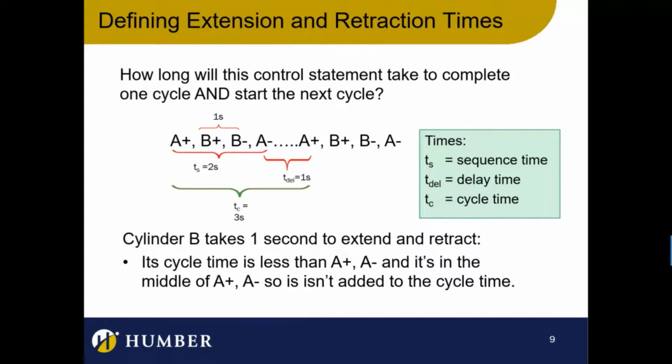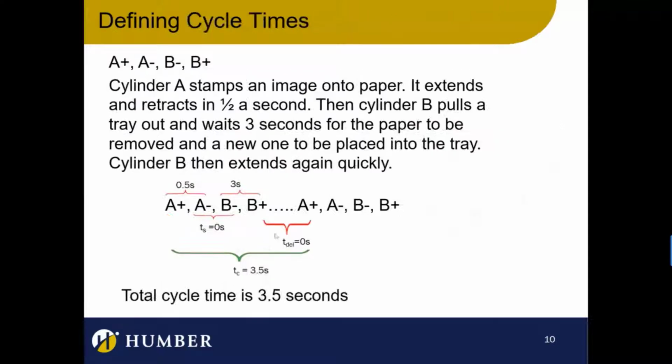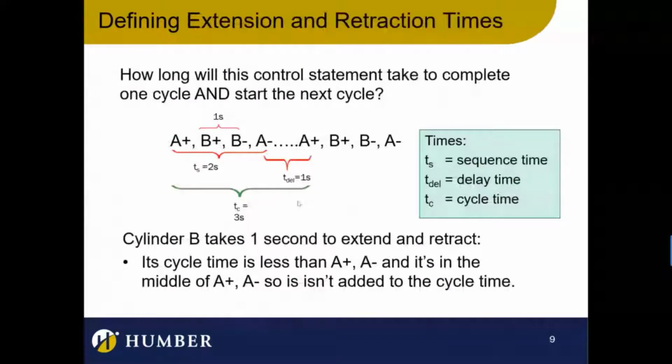I was just wondering, shouldn't the delay time be between B plus and then B minus? I mean, okay. No. Shouldn't it be between A plus? Yeah, that is okay. I just had a misunderstanding. I'm sorry. You mean it should be in here? Yeah.